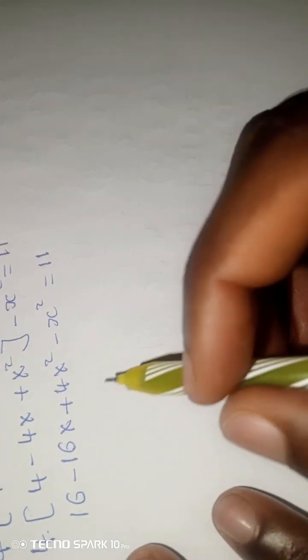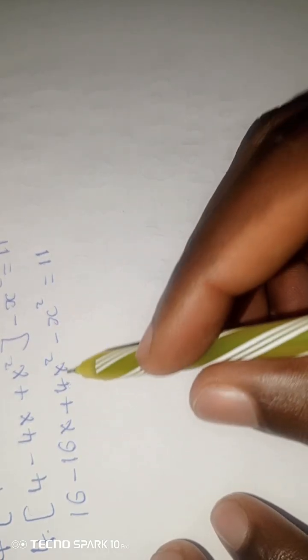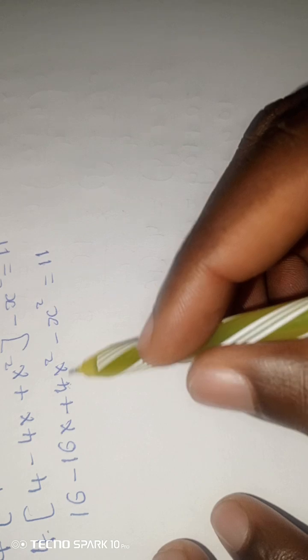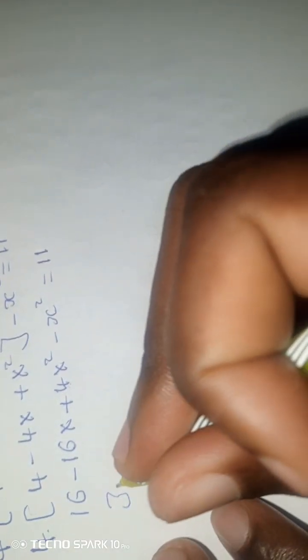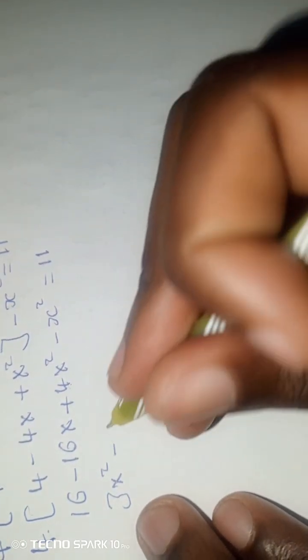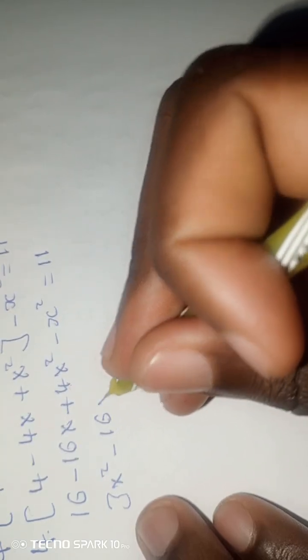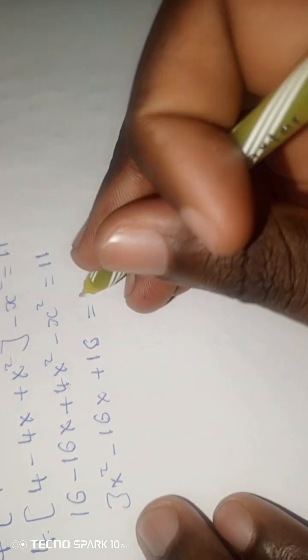From here I'll subtract. Since these are like terms, 4x squared minus x squared will give me 3x squared, then minus 16x plus 16 equals to 11.